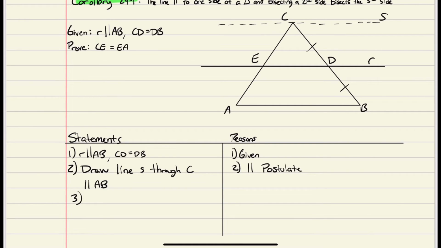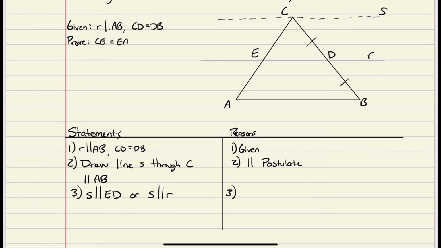Number 3. We can now say that S is parallel to ED. We've called this also line R. We could state that as well, or either or. We could say that line S is parallel to line R. And our reason here is because since ED, or R, is parallel to AB, and S is parallel to AB, since they're both parallel to the same line, they're parallel to each other.